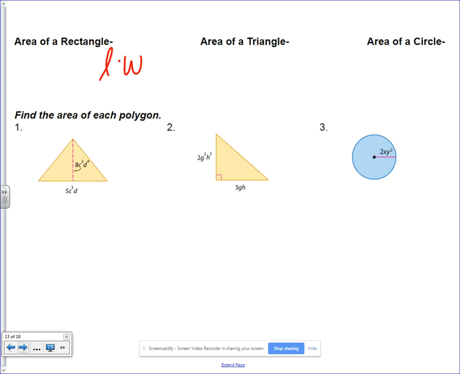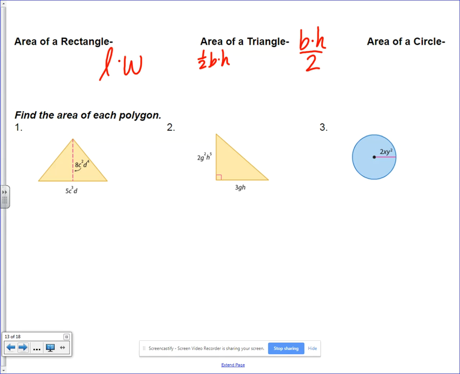Base times height, and then do what with it? Correct. It is base times height divided by 2. Folks, dividing by 2 is cutting something in half, correct? Okay, so this is the same as base times height and then multiplying it by a half. They mean the same exact thing. Whether you divide by 2 or you multiply by a half, it's the same. Is everybody okay with that?